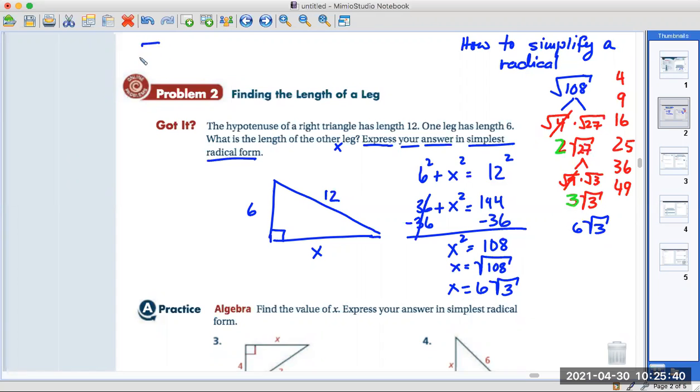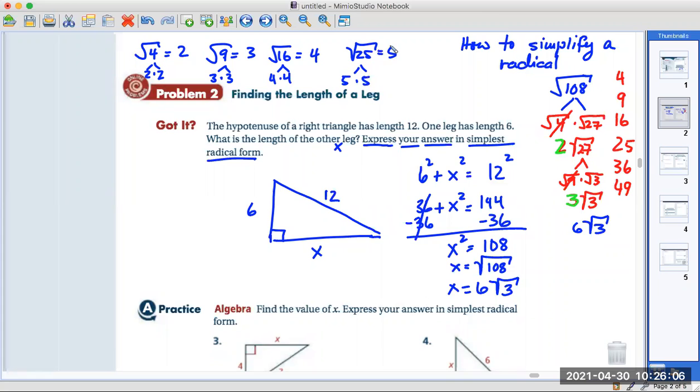Remember, you want to have perfect squares. Square root of 4 is 2, square root of 9 is 3, square root of 16 is 4. Why? Because 2 times 2 is 4. 3 times 3 is 9. 4 times 4 is 16. What do you think the next one is? It's 25.